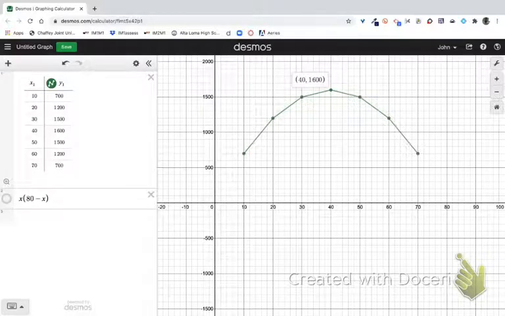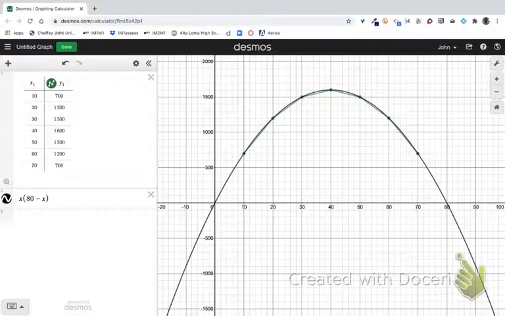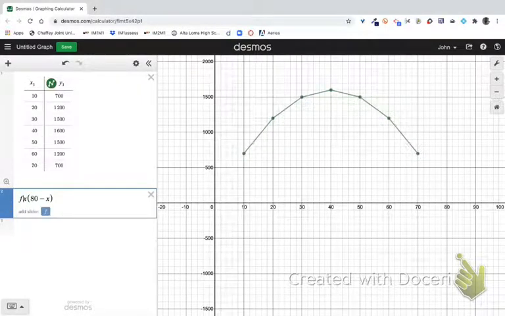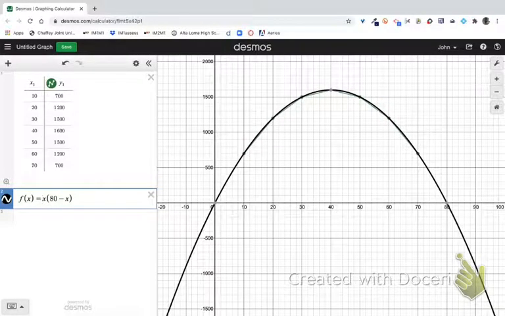And as that was discussed in class, if we create the function, we should be able to have f of x equals x times 80 minus x, which means that we're going to take our length, subtract that from 80, and that will give us our width.